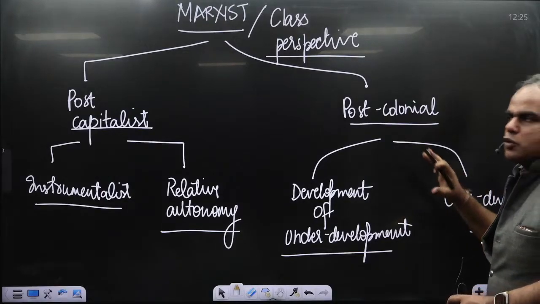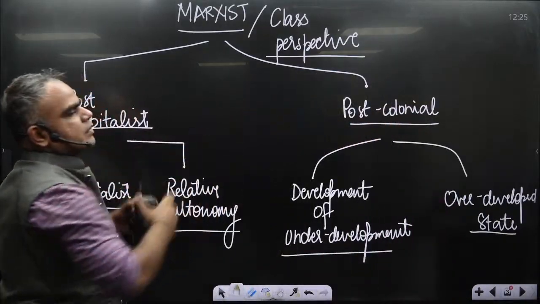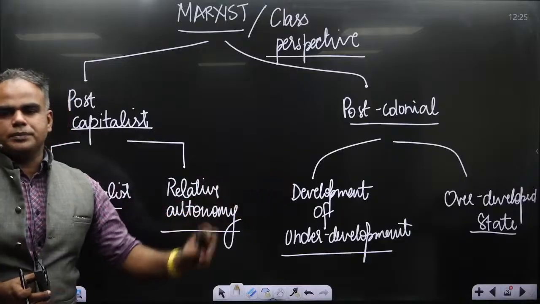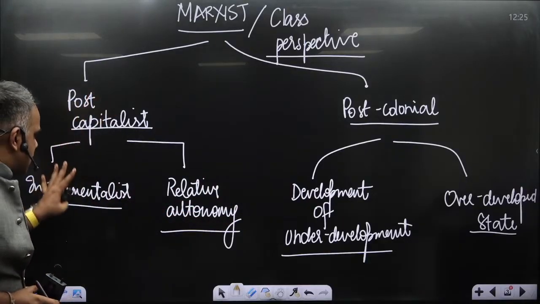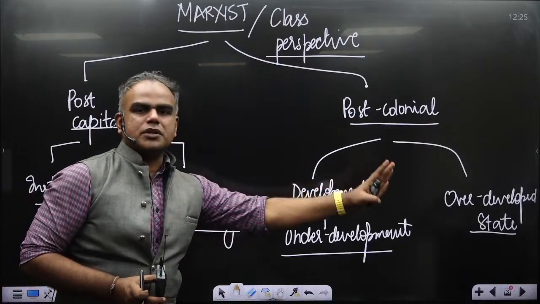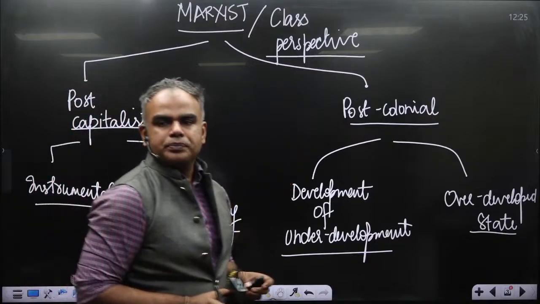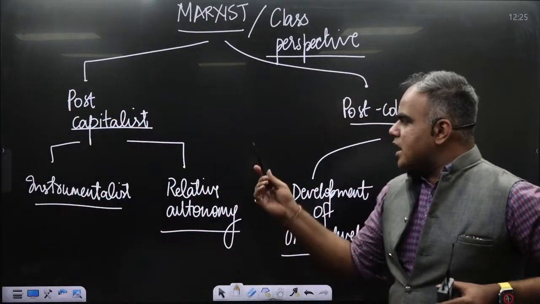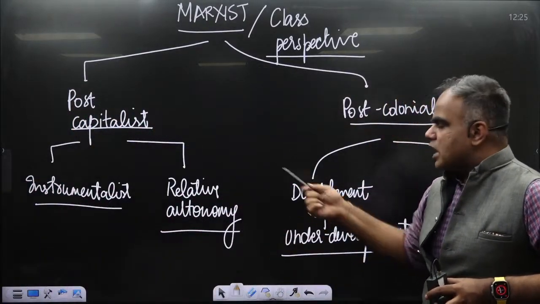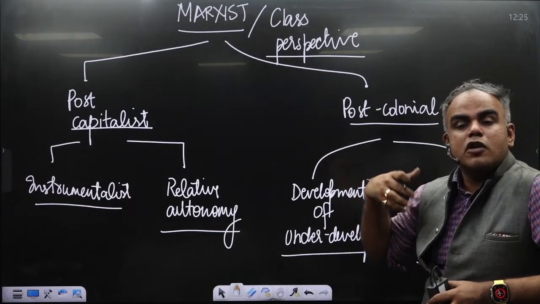बहुत बार क्या होता है, when you read this topic, you know these, but you don't know exactly that this is the flow in which you should read it. Post capitalist को हम इस nature में analyze करेंगे, and then post colonial in this nature. Okay, and then we'll also criticize this same, because when you understand this instrumentalist and relative autonomy, people like Gramsci will say that you are not accounting for culture and ideology.